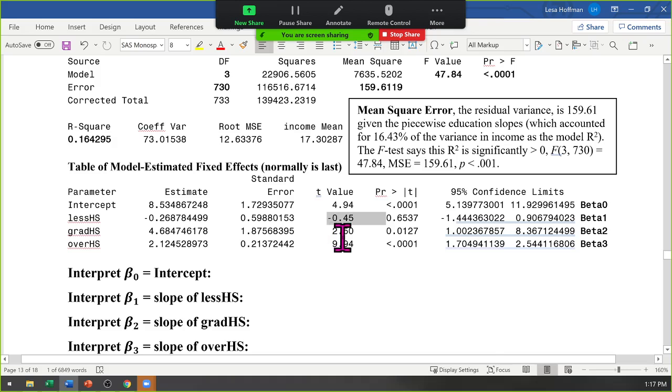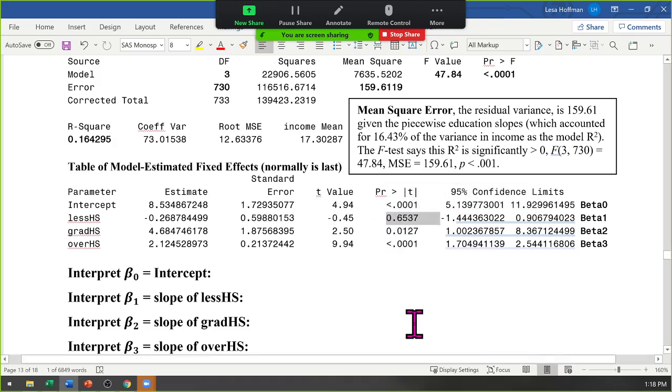And this t is minus 0.45. So what that's telling me is that my obtained slope of minus 0.27 is like a half a standard error away from the null hypothesis of 0. So in other words, it's well within what you would expect of normal sampling variation. Normal sampling variation is like 2 standard errors on either side.